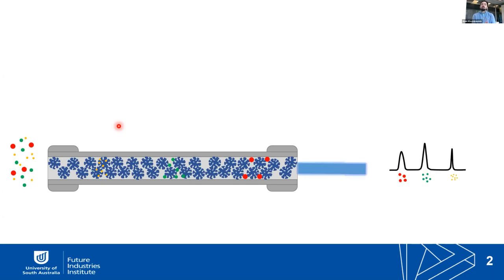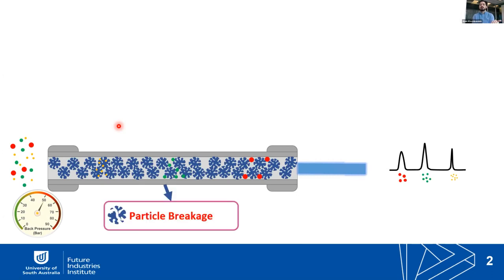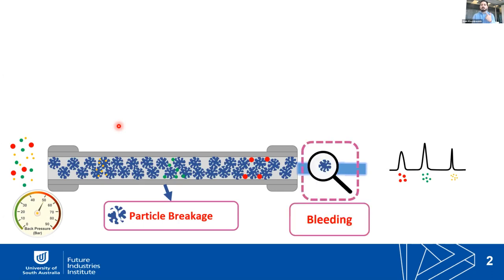However, while we can get better and faster separation, the problem comes with this method. First, the back pressure is increasing. Second, this back pressure could break our particles. And if you are using the MALS detector, this is going to be bad because of the bleeding, as particles come out from your system.